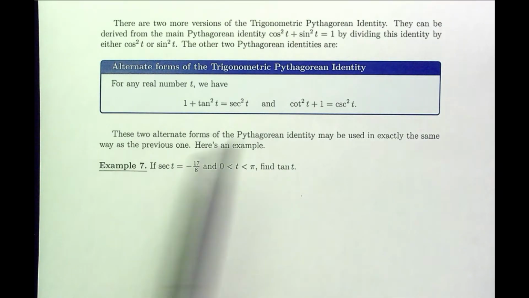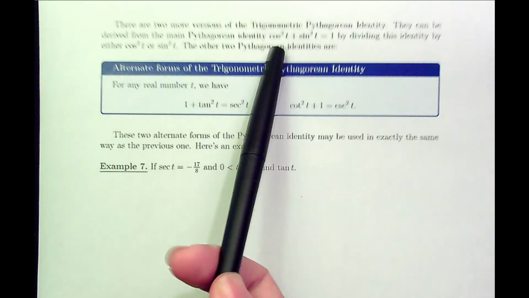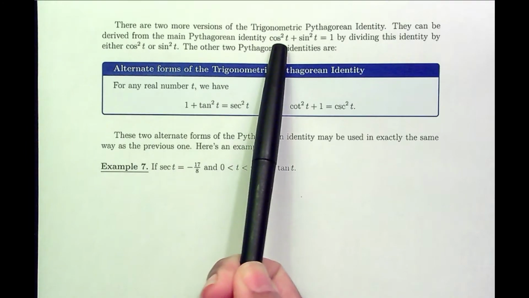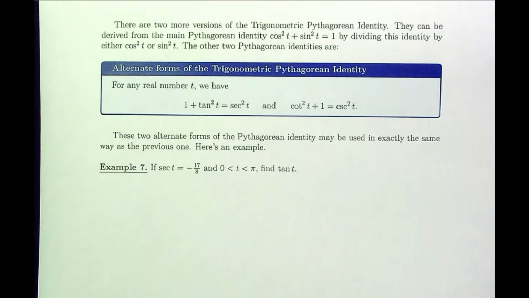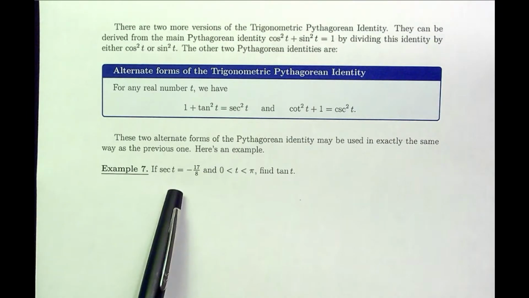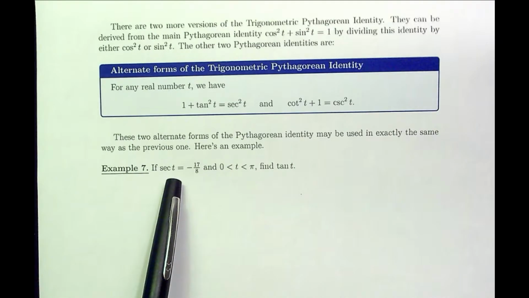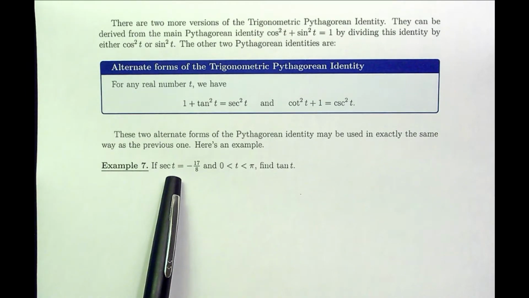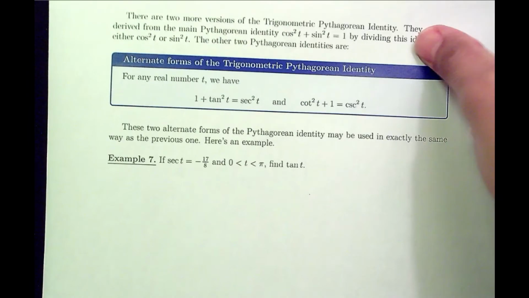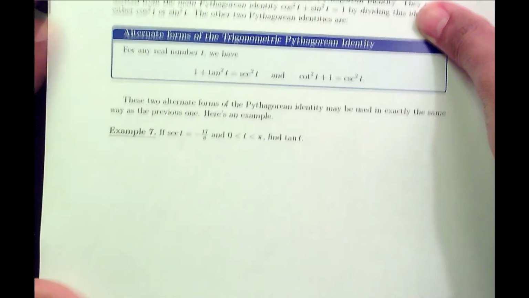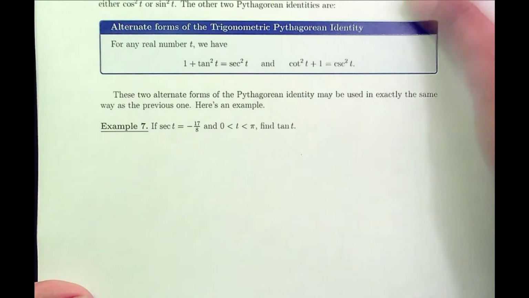Now, these two versions of the Pythagorean identity can be used in exactly the same way as you use this one. No difference. So, here's an example. Suppose that I give you the secant of t and tell you that it's negative 17 over 8, and ask you to find the tangent.